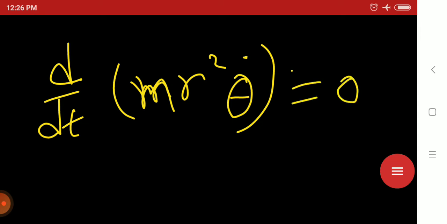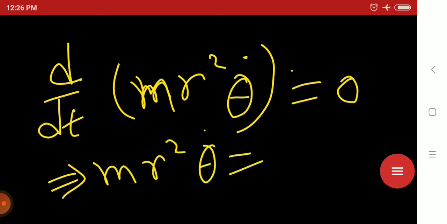So m r square theta dot is a constant quantity, because the time derivative of m r square theta dot is 0.